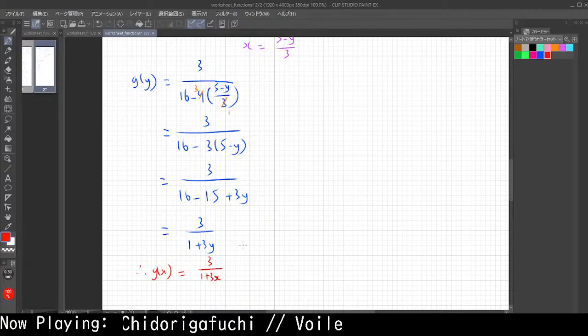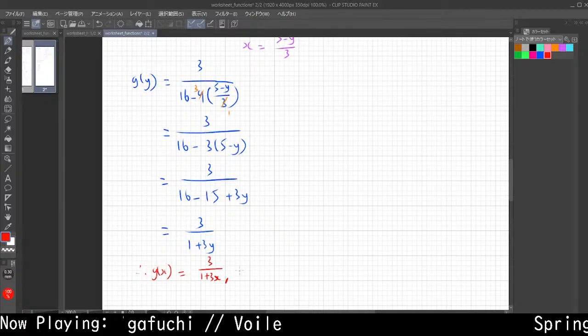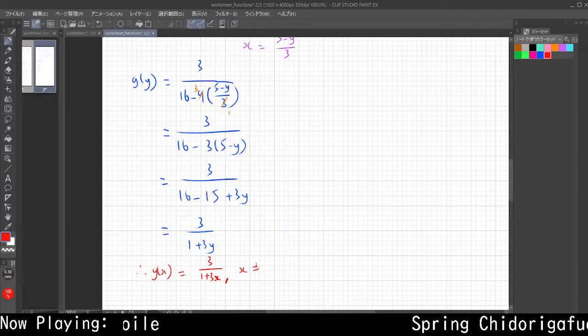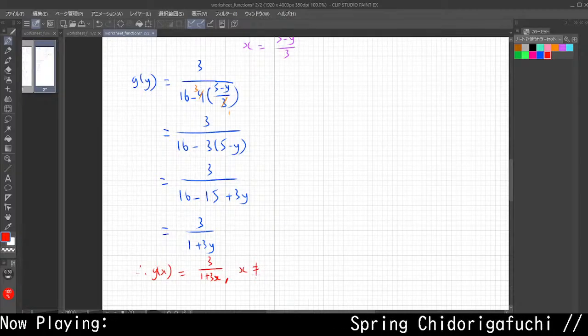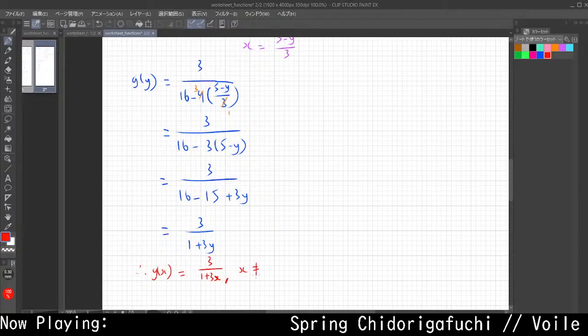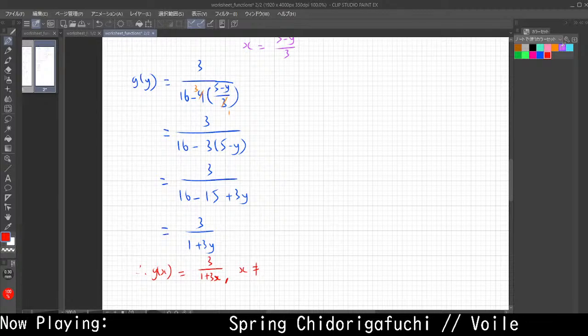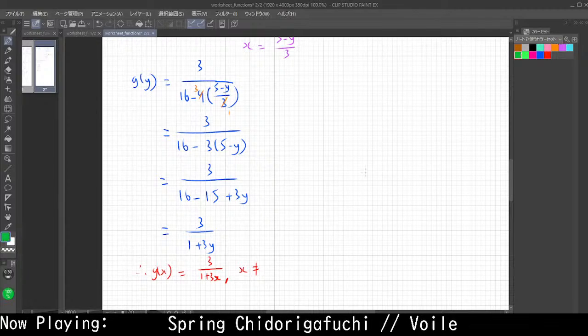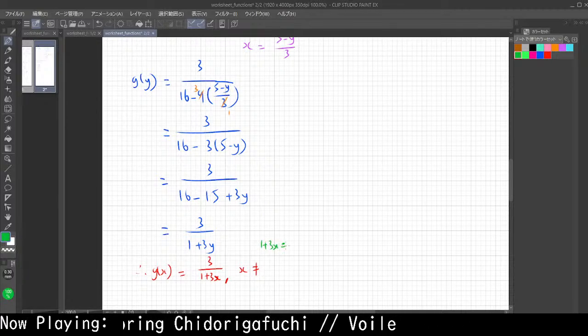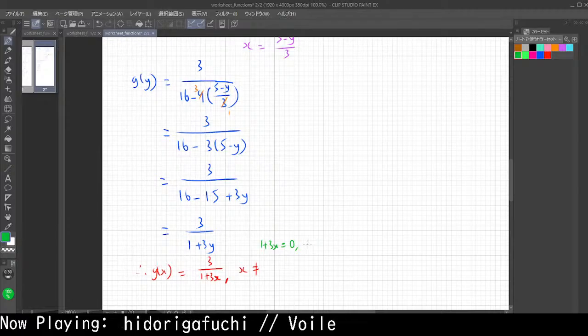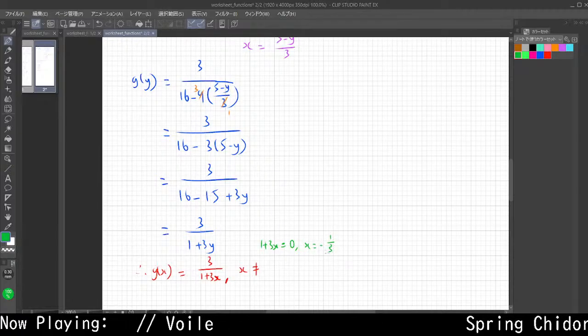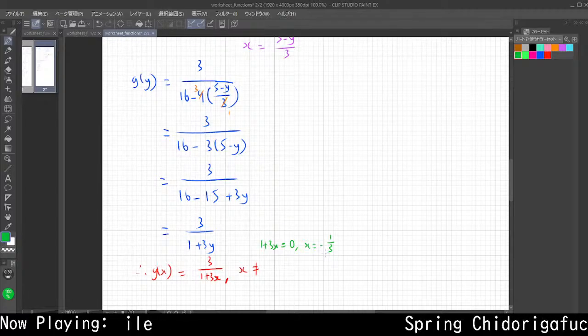Then to make it safer, again I don't stress this, but to do it safely, you want to find what x cannot be equal to, because your x is at the denominator. So if you let 1 plus 3x equal to 0, you find that x is negative 1 over 3. Now you can verify this yourself.